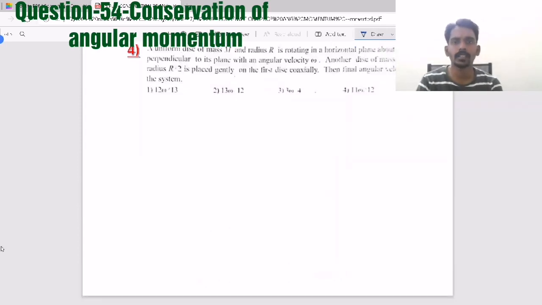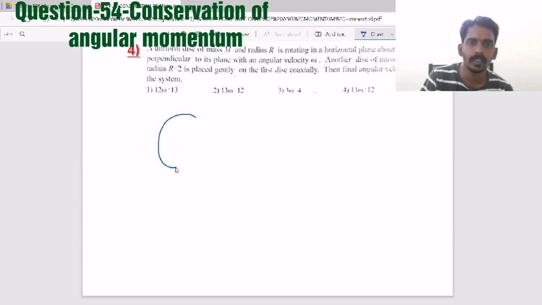A uniform disk of mass m and radius r is rotating in a horizontal plane about an axis perpendicular to its plane with an angular velocity omega. Another disk of mass m by 3 and radius r by 2 is placed gently on the first disk coaxially. Then find the final angular velocity of the system. Now first, one disk is there of mass m, radius r.